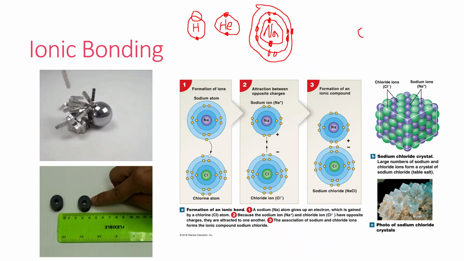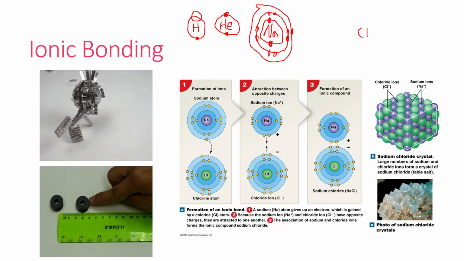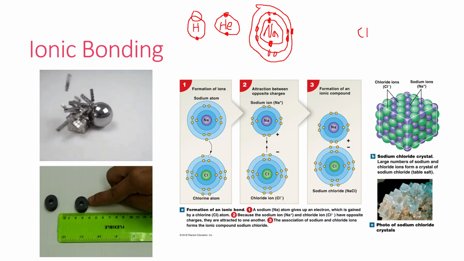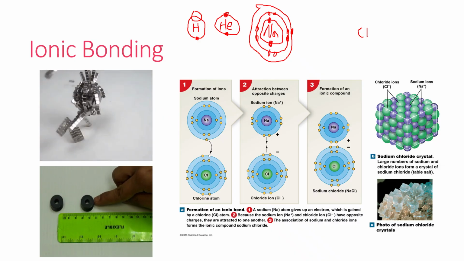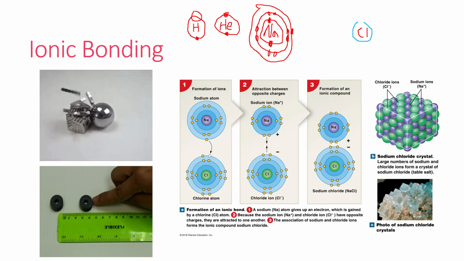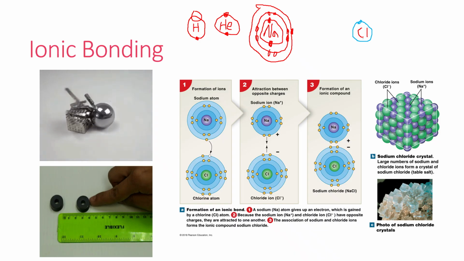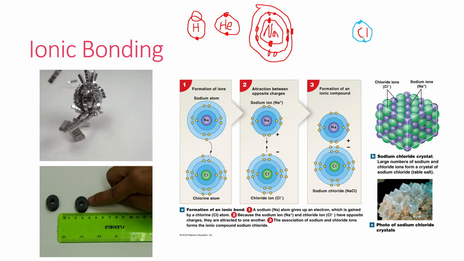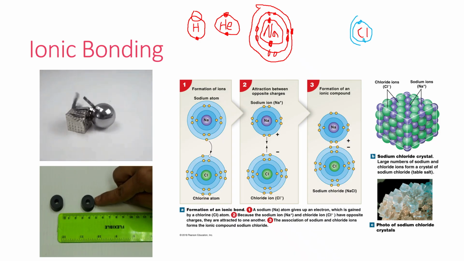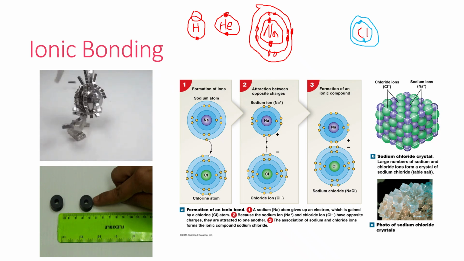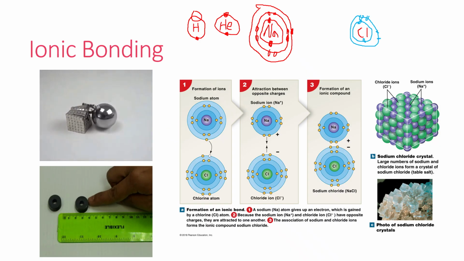And chlorine has 17. Actually, let me change pen colors here. So first shell, we have 2. Then we draw the next shell. And how many can we fit in the next shell? We can fit 8. 2, 3, 4, 5, 6, 7, and 8.